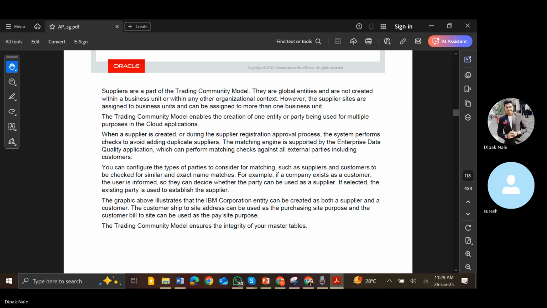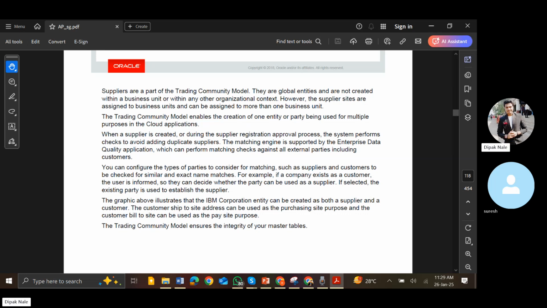When a supplier is created or during the supplier registration approval process, the system performs checks to avoid adding duplicate suppliers. The matching engine is supported by the enterprise data quality application, which can perform matching checks against all external parties, including customers.